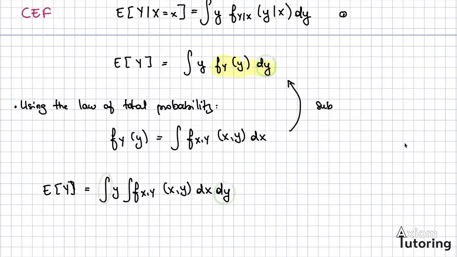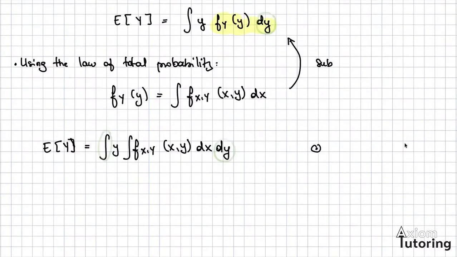Now, at this stage you might remember it's very similar to what we did with the discrete case, but we had the summation notation instead of the integral there. So if we switch the order of integration, there is a theorem that you usually use in this kind of proof, Fubini's theorem, and that's why you can do it.